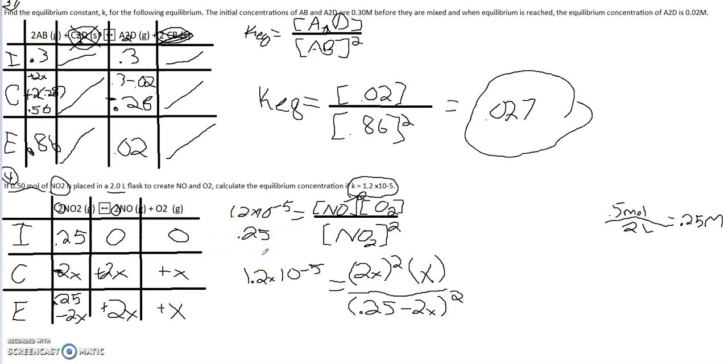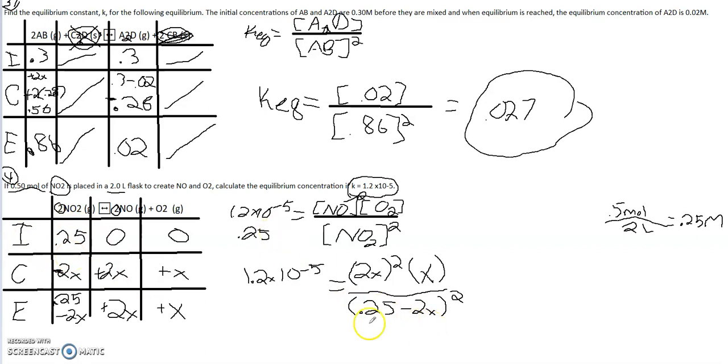And what that tells you is when you are subtracting 2x, it's asking you to assume that x is very small, because if this equilibrium constant is very, very tiny, it means that you're going to have more reactant at equilibrium than product. So this initial concentration is not going to change by a lot.